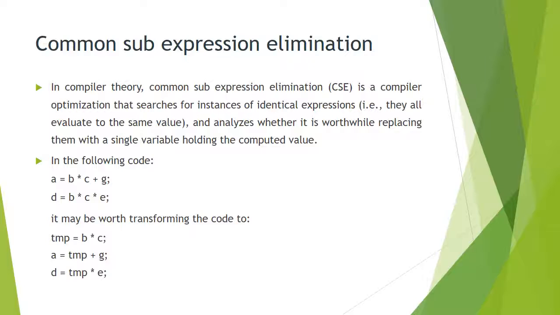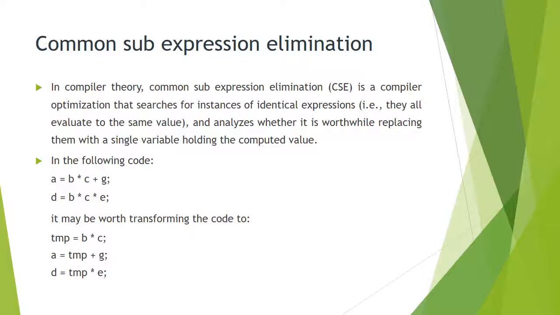So in the following code, A equal to B multiplication with C plus G and D equal to B multiplication C multiplication E. It may be worth transforming the code to temp equal to B multiplication C, A equal to temp plus G and D equal to temp multiplication E. So here we can see that B multiplication C is a subexpression that is used in two different expressions.